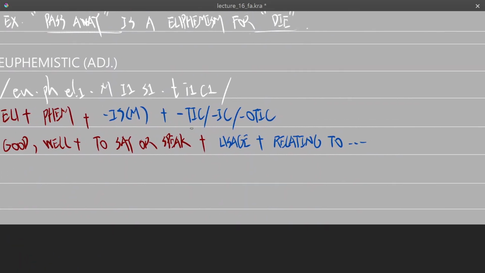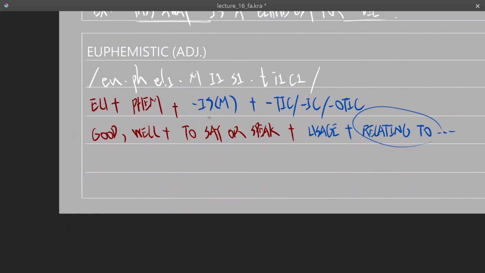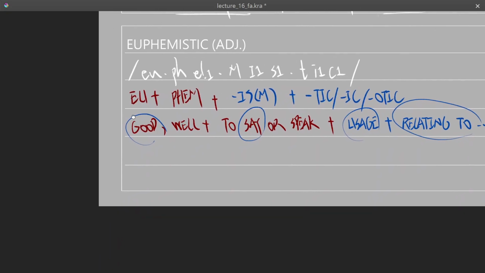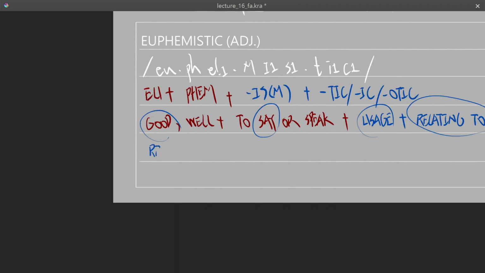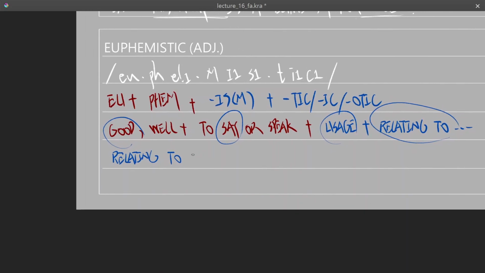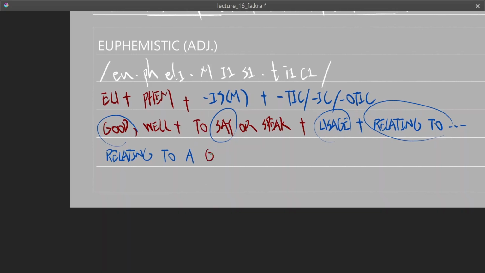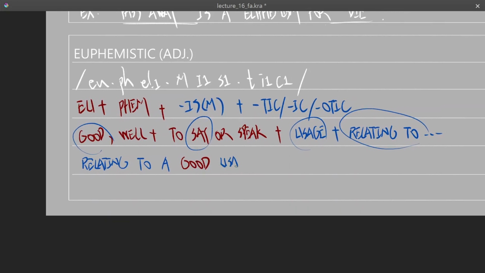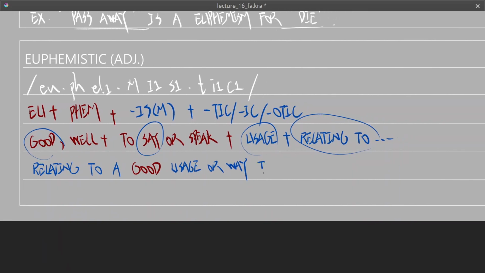It means relating to a good usage or good way to say something.